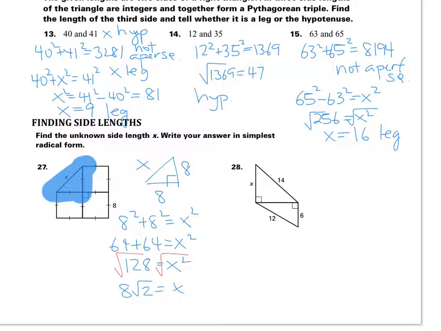In the next one, find this piece first using the Pythagorean theorem. I'm going to leave it in squared form because I know x squared equals 14 squared minus y squared.